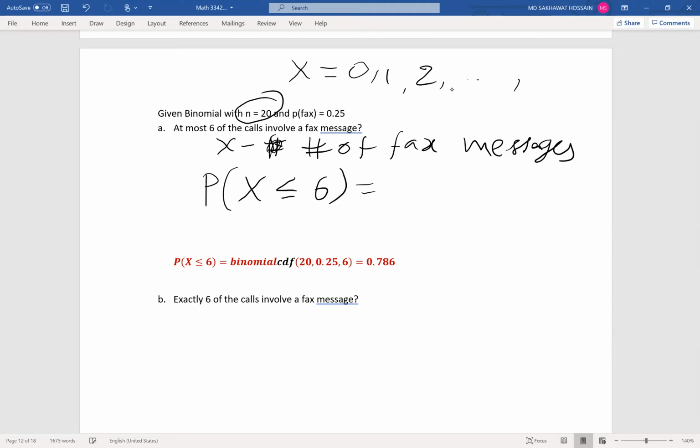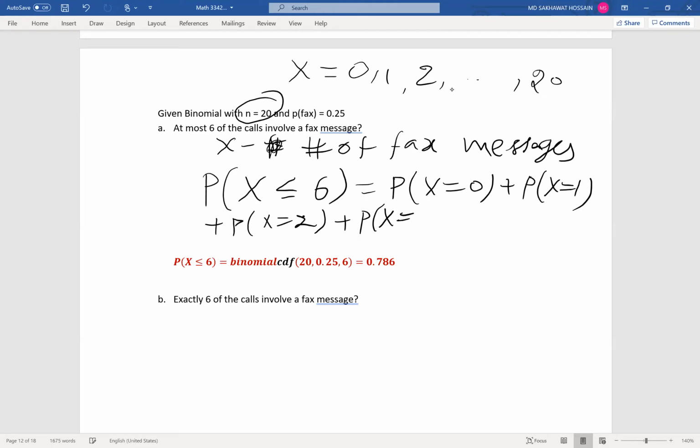Yes, up to 20. But here we have to find the probability when X is less than or equal to 6. That means we have to find the probability when X is equal to 0, plus when X is equal to 1, plus X equal 2, plus X equal 3, plus X equal 4, plus X equal 5, plus X equal 6.